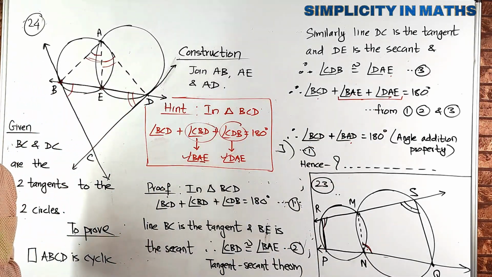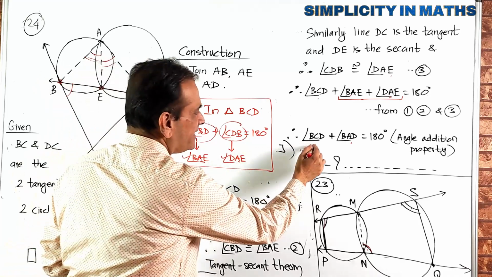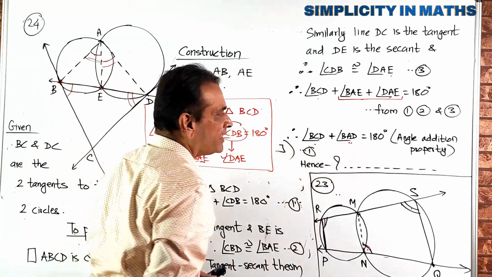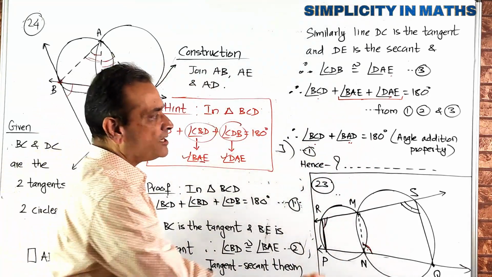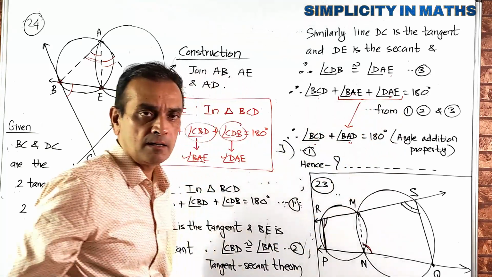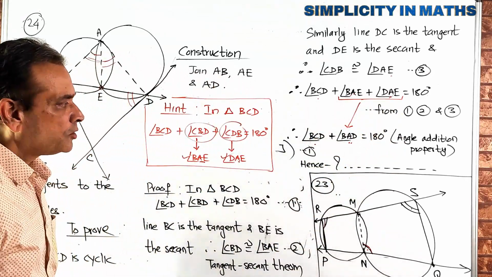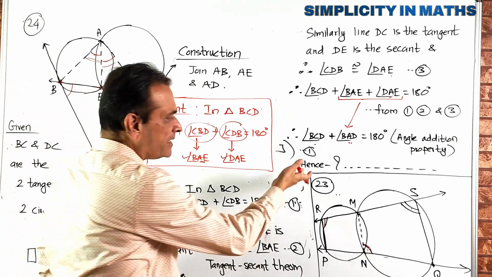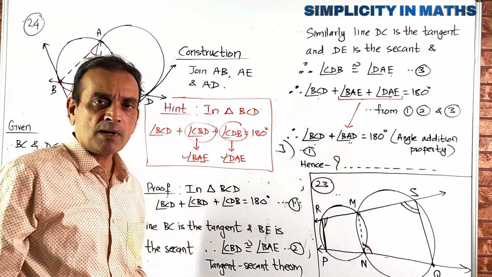So finally we have got angle BCD plus angle BAD equal to 180. Why have I written angle addition? Because by adding these two angles we got this angle. The proof is done. Here, for 'hence', I have just put a question mark.